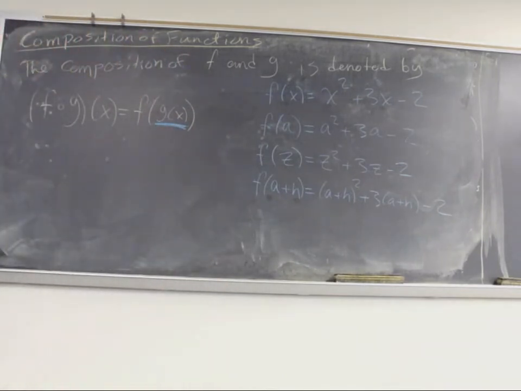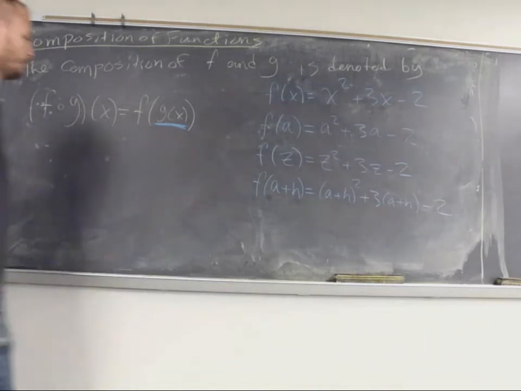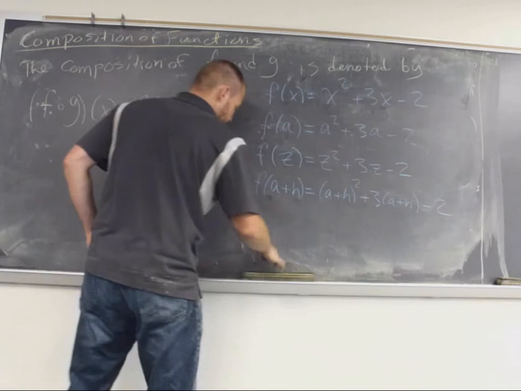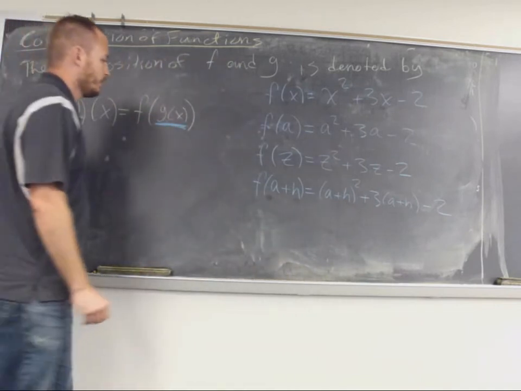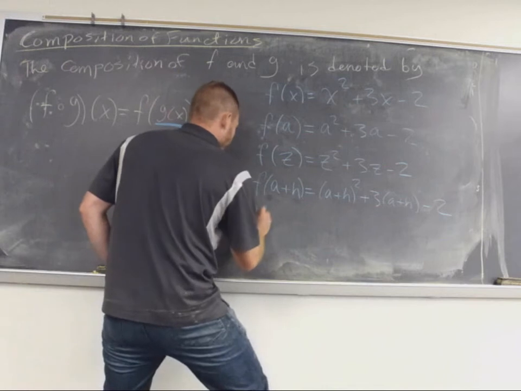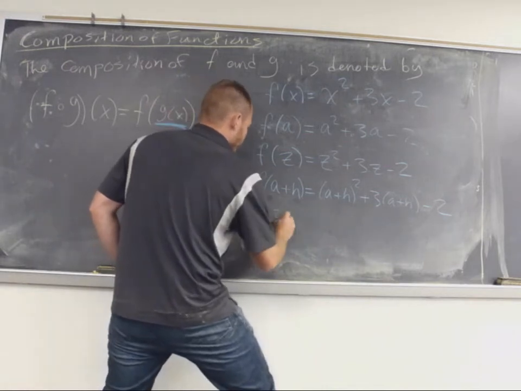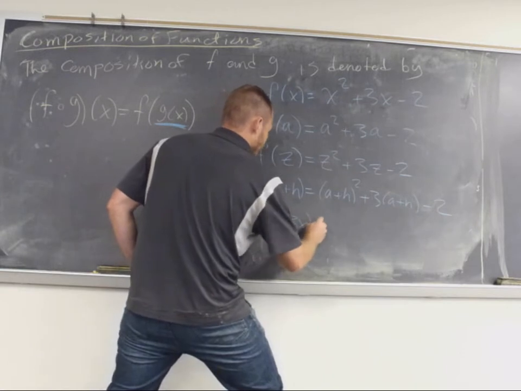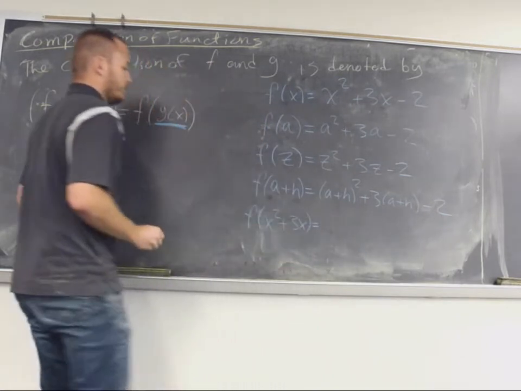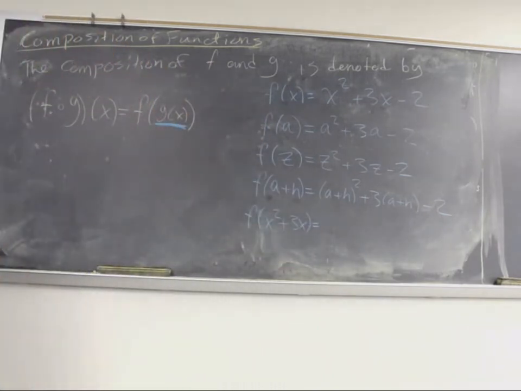All right, just take your time, work through it, try a couple of these. Once we get the hang of this, then this over here will be a little easier to understand. What about this one? What about f of x squared plus 3x? Works the same exact way as we did previously.